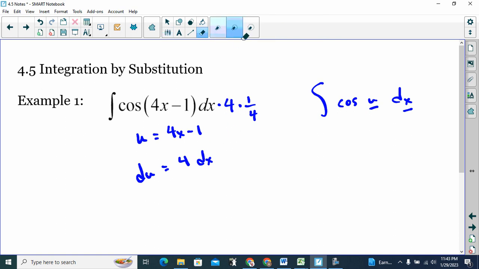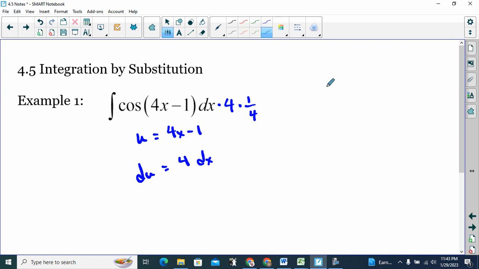So now when I go to rewrite my integral, I have the integral of cosine u times 4 dx, this part right here, that is equal to du. So I'm going to rewrite that part that I circled as du, and then I have times 1/4.